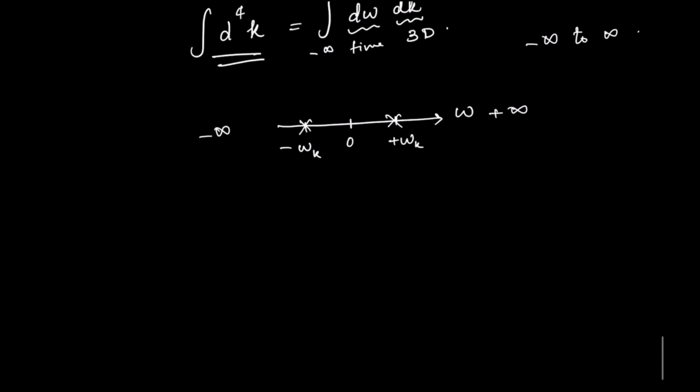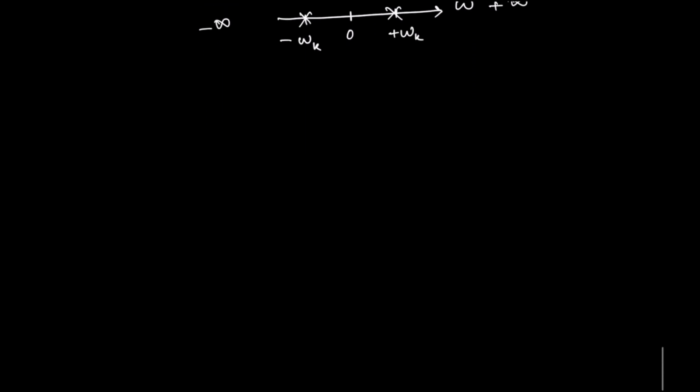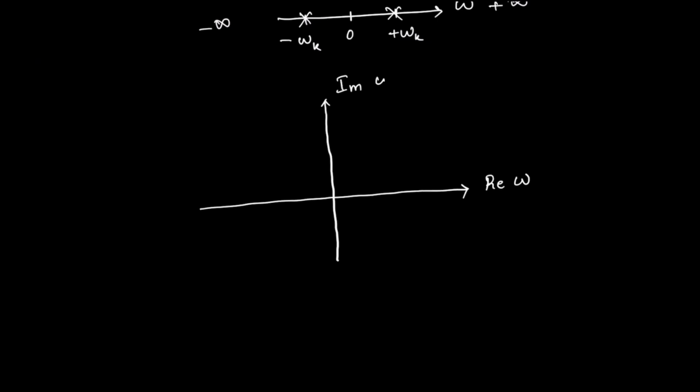Which means you have to consider a complex plane. If this is the complex plane, here you have the real omega, here you will have the imaginary omega, this is the origin, and here you have plus omega k and here you have minus omega k.